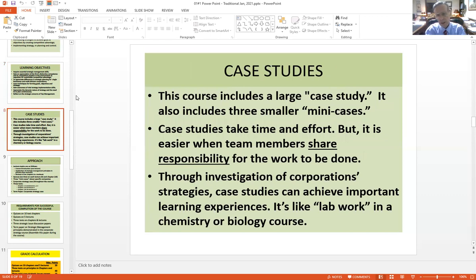Okay, in this case, we're going to have some case studies. We'll have one great big one, and I believe that it will probably be John Deere. The formal name is Deere and Company.